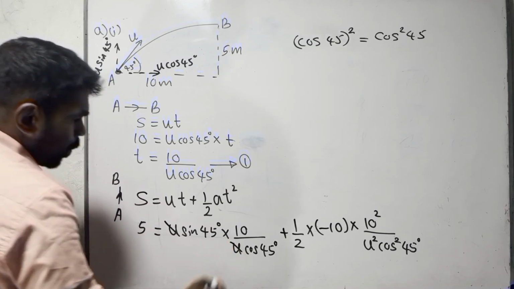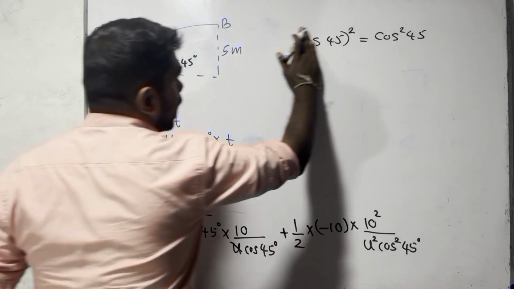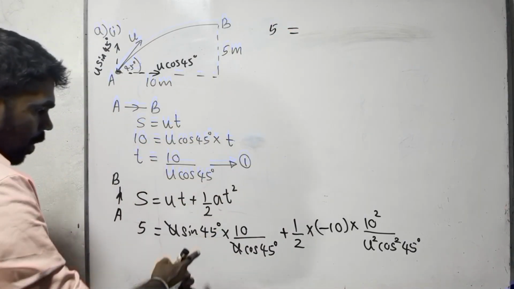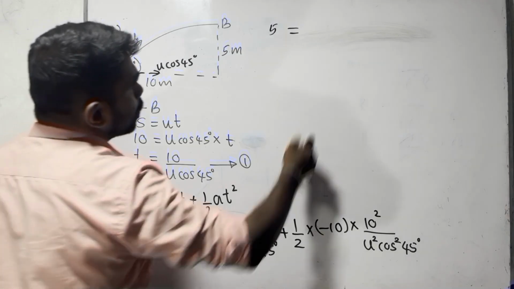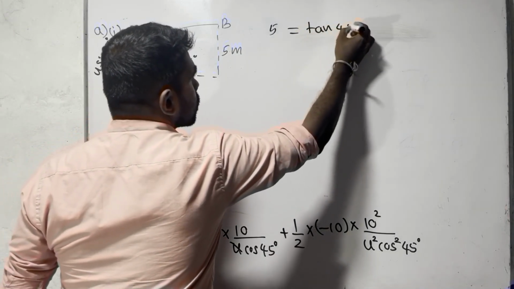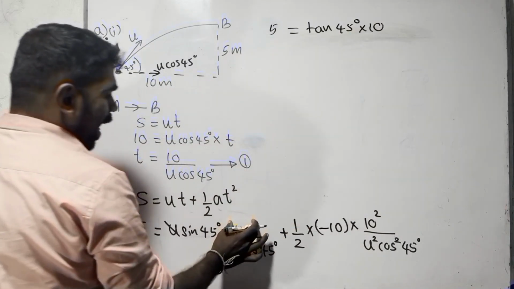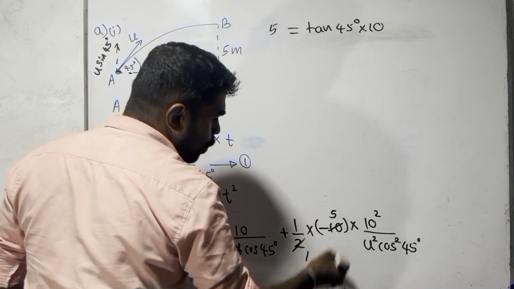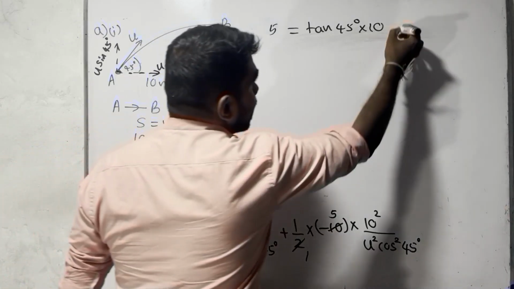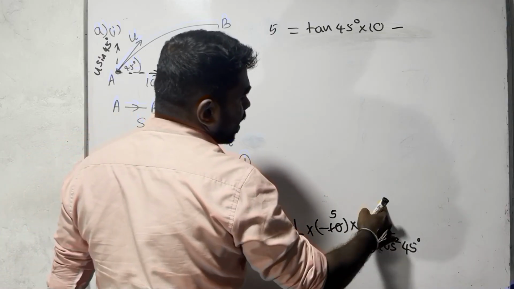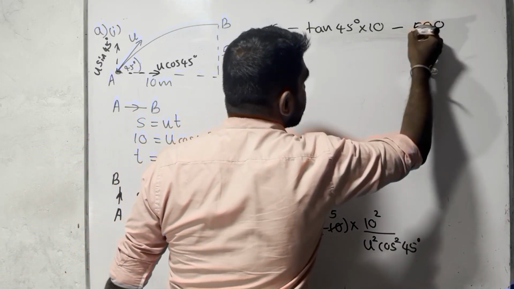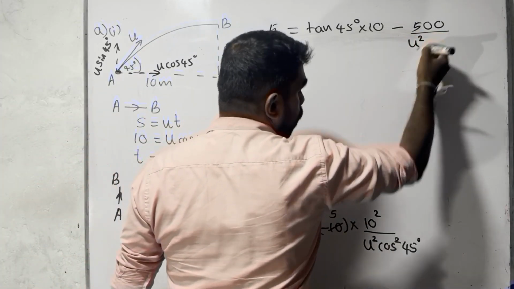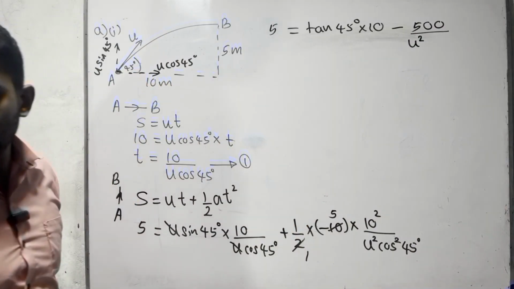We can cancel out u and u in the first term. Then 5 equals sin 45 divided by cos 45, tan 45, into 10. This value 10. Then minus 5 into 10 squared, 100, it is 500, divided by u squared. cos 45 value is 1 over root 2.